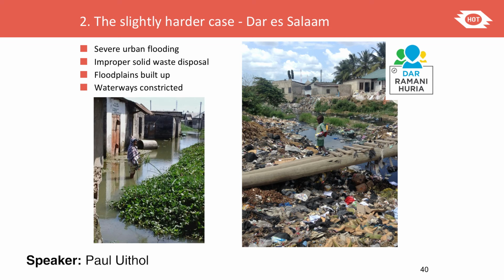A major city where we have been doing mapping at the community level in support of urban planning is Dar es Salaam, which is, according to African Development Bank reports, the fastest growing city in Africa, growing at around 6% a year, which means about 500,000 people get added to the city on a yearly basis.